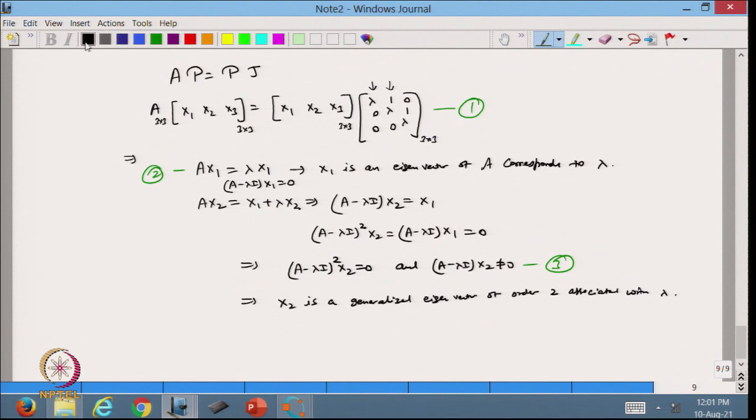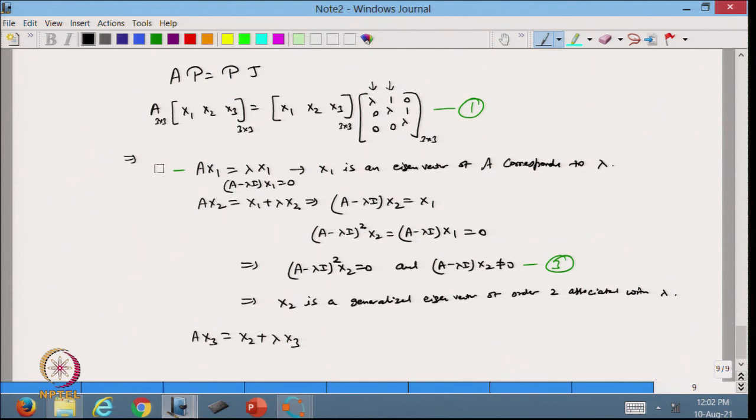Now I am taking the third column. From the third column I can write A x3. If you take A x3 and multiply this way, I will get x2 plus lambda x3.